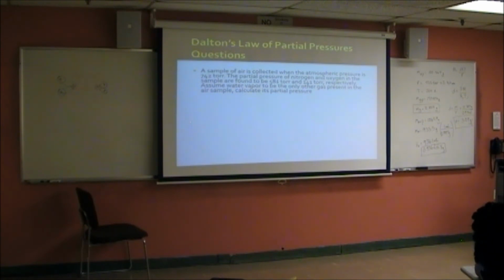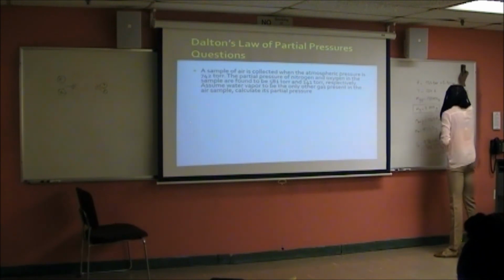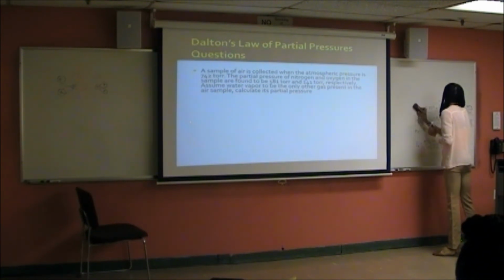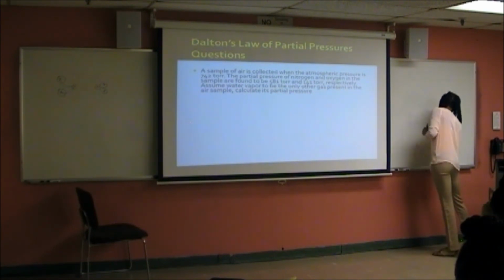So what's the total pressure? 742 torr. We have two partial pressures, 581 and 141. You add them up and then deduct from the 742. So we got 20.